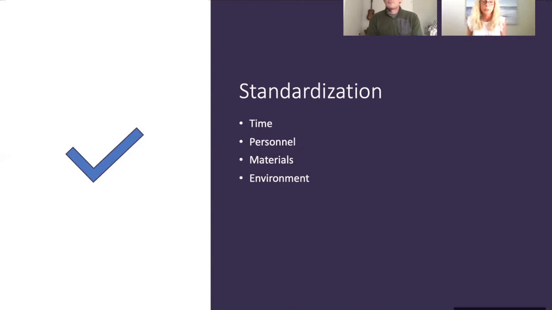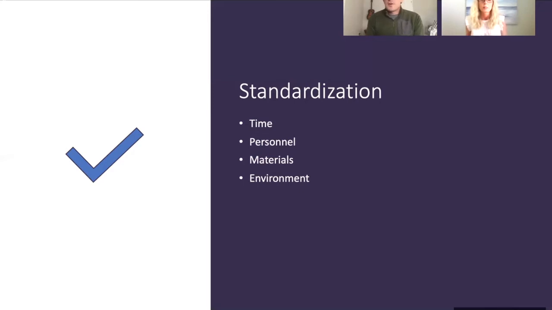Of course, you want to make sure that your materials are similar in nature and assessing the same information each time. And you also want to consider the environment that you're going to progress monitor in. You wouldn't want to do it in a loud room with lots of distractions one time, and in another room that's very quiet, where no one is there to bother the student, a second time, because that might skew your data.